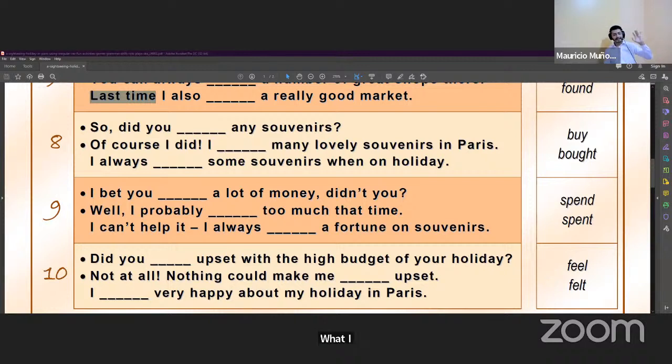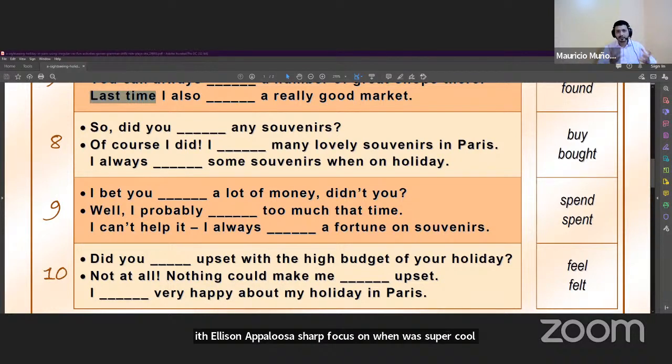Okay, thank you. This one is a little bit tricky because of the verb. The trick may be in the pronunciation, because the verbs are somewhat similar when pronouncing them, both in present and past. Spend, spent.